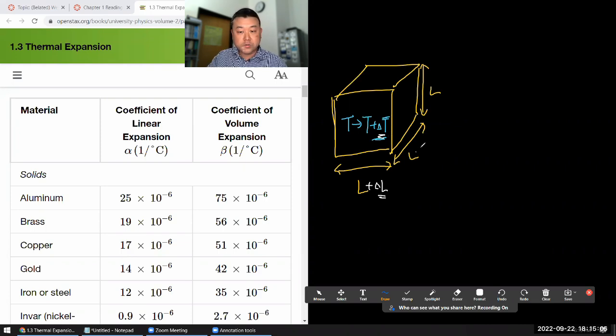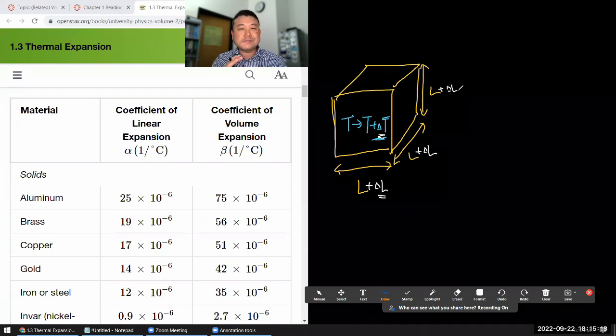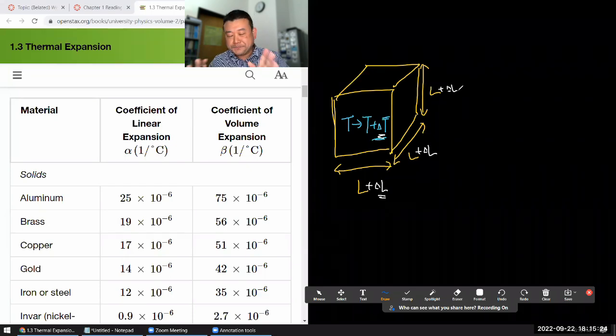And this will occur in every dimension to the same degree if the expansion is isotropic, as your textbook mentions, which is most of the cases. There are circumstances where they are not, like crystals sometimes don't behave isotropically.